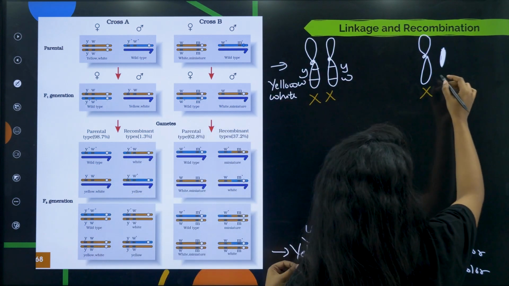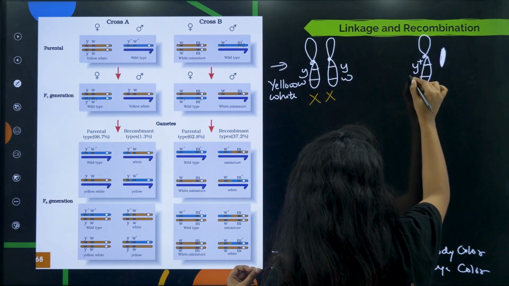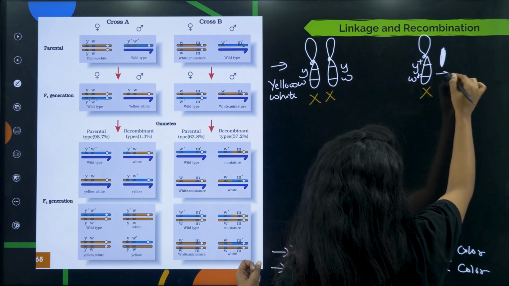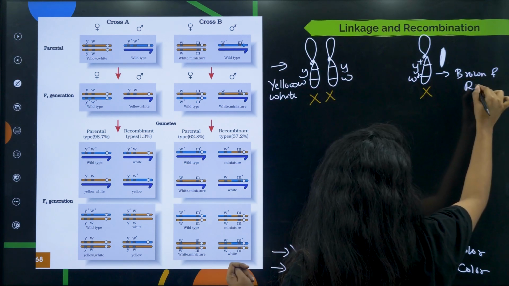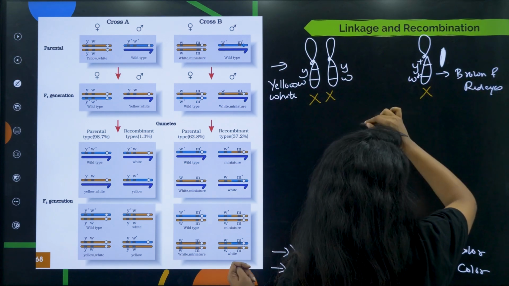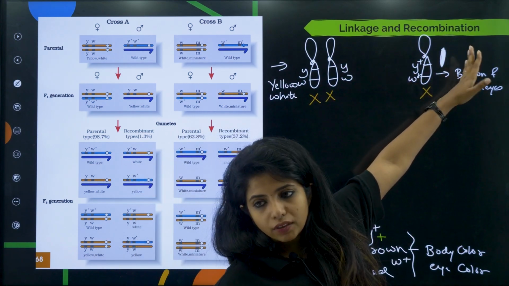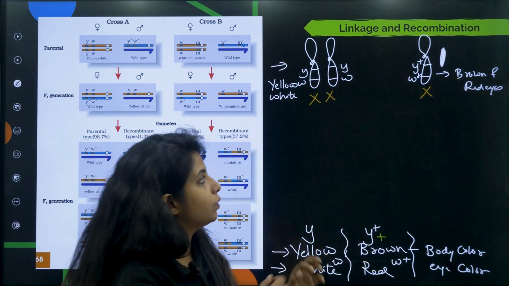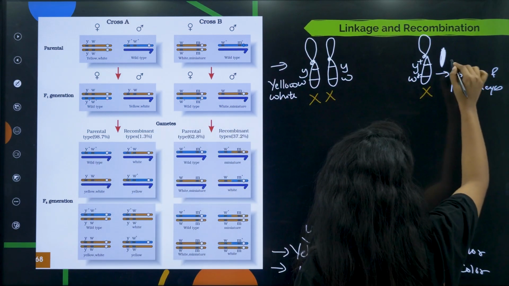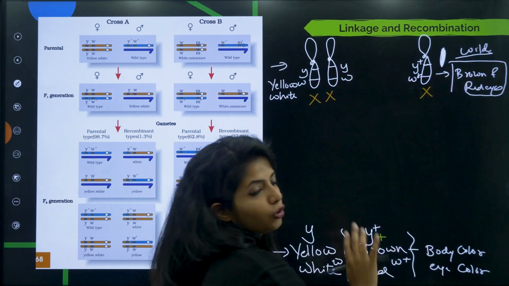Okay, and I am saying the male was brown and had red eyes, both dominant characters. Now in the Y chromosome there is nothing, so this will show brown and red eye, the dominant characters. And this type of animal I call the wild type, which has the dominant traits.